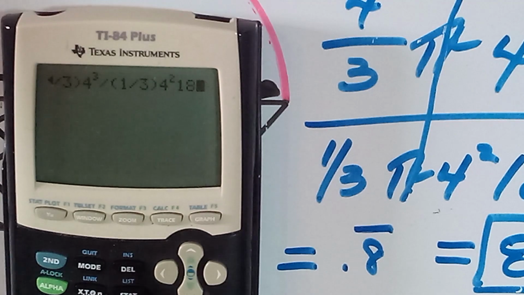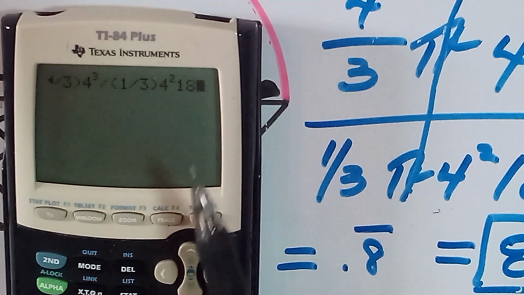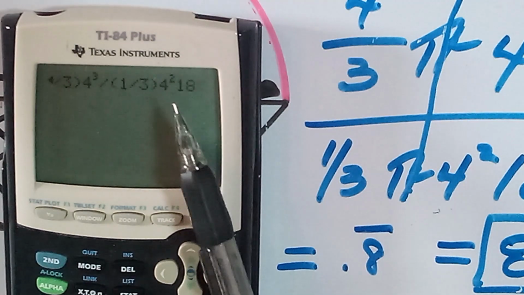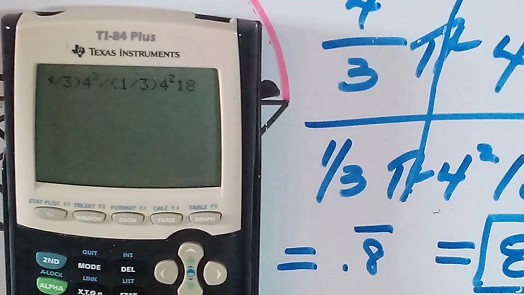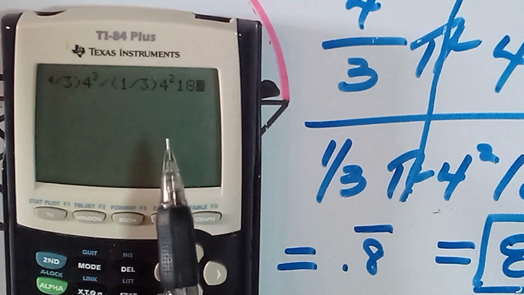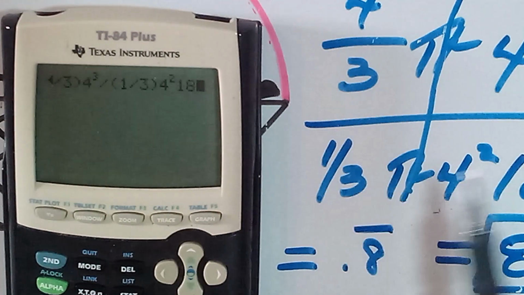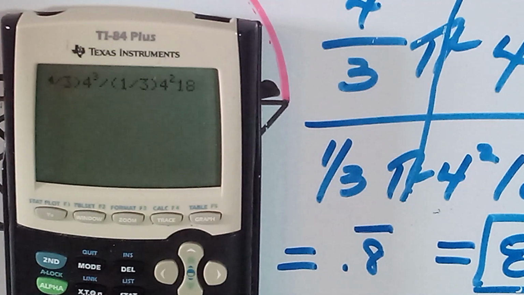It's not necessary because 4 squared is an operation, so it goes to the next operation, which in this case, an adjacent number, it sees as multiplication. If it helps you to visualize the problem by putting a multiplication sign in front of the 18, by all means, go ahead and do that. So there's the setup. It's exactly what I have written here. Let's see what it equals.